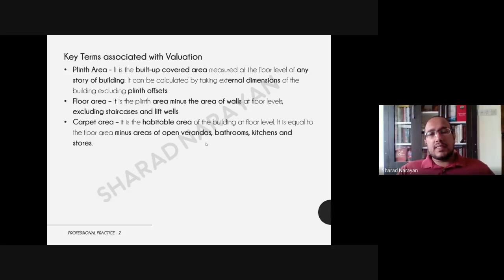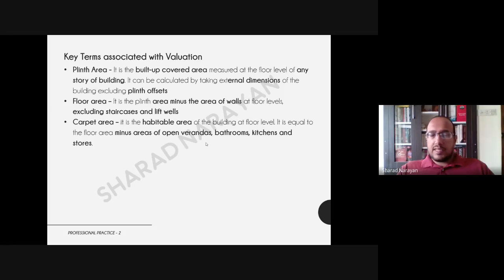Carpet area is the habitable area of the building at floor level. We generally have confusion between what is the floor area and what is the carpet area. Carpet area is basically the idea that there are certain places of the building which are habitable.